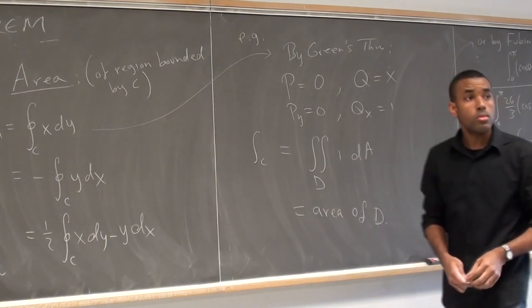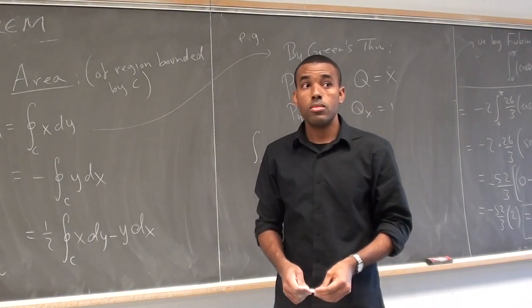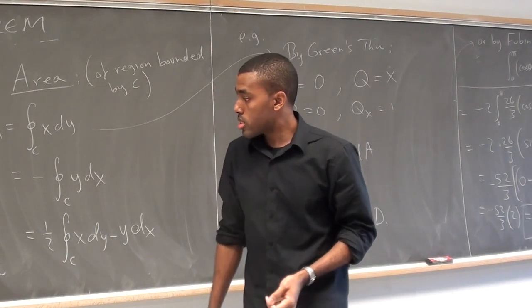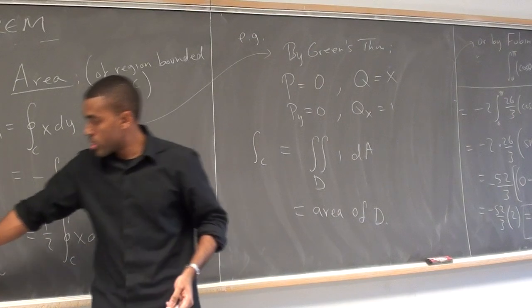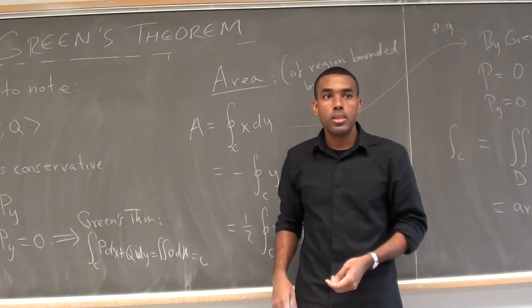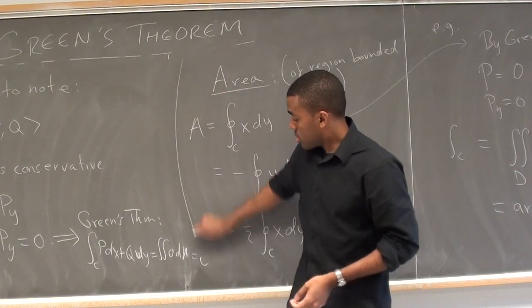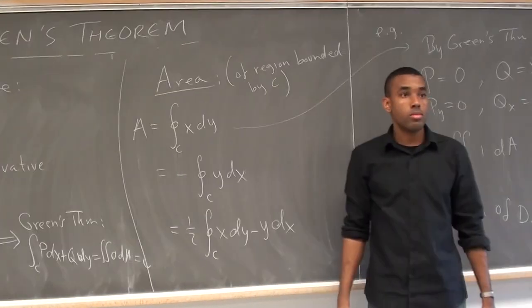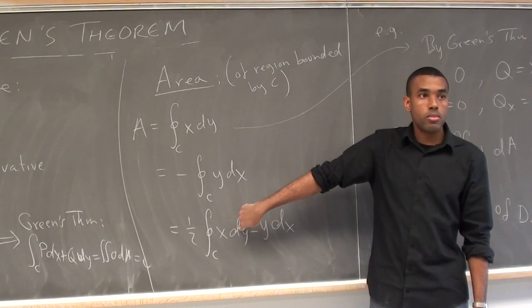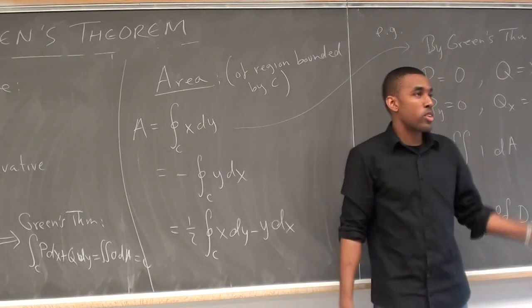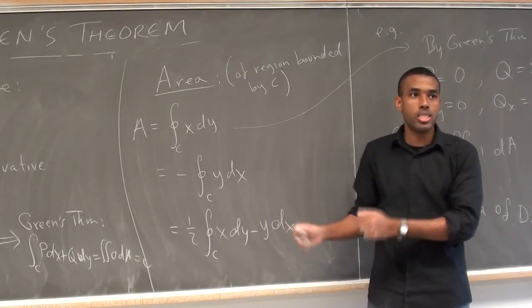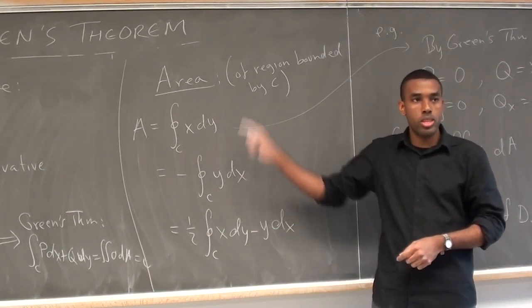So you're saying all of those are equal to Green's theorem? No, I'm just showing that it's equivalent to saying that if your C is a closed curve and this is conservative, you will get 0. These integrals all give you area, and you know they give you area because by Green's theorem they all give you this double integral over D. They're not Green's theorem itself; they're just saying you can compute area by doing this.